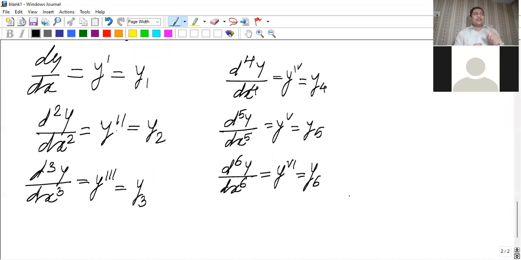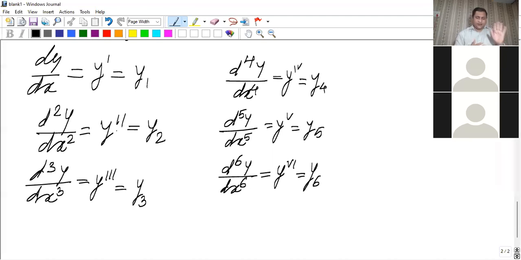So not every nth derivative will go to factorial. This is something you will understand after having a few derivatives. So this is what we are going to do in the near future, so you need to wait for that. There are derivatives which will not go to factorial.